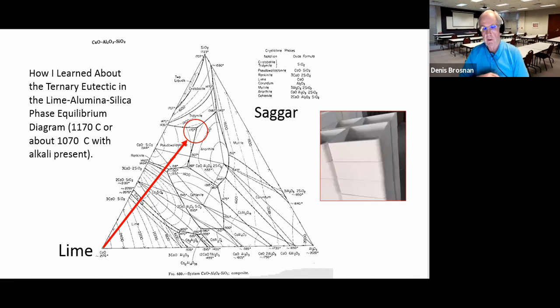Before I get started, I'm going to confess to you a mistake I made when I was a second-year student in ceramic engineering. So the old department head came out to me and said, Brosnan, go out there and calcine 100 pounds of limestone. I need some lime.